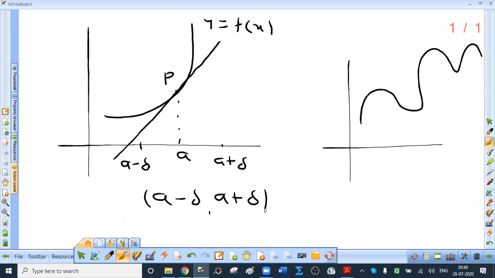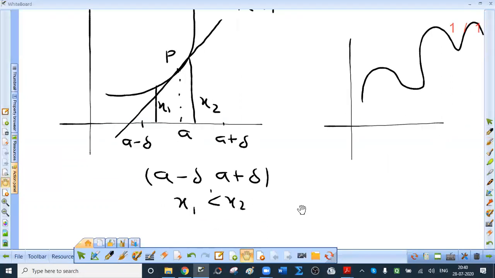Now we consider any 2 points x1 and x2 in this neighborhood such that x1 is less than x2. Suppose I consider these points. This is say x1 and this is say x2. What is the requirement here? x1 is less than x2.